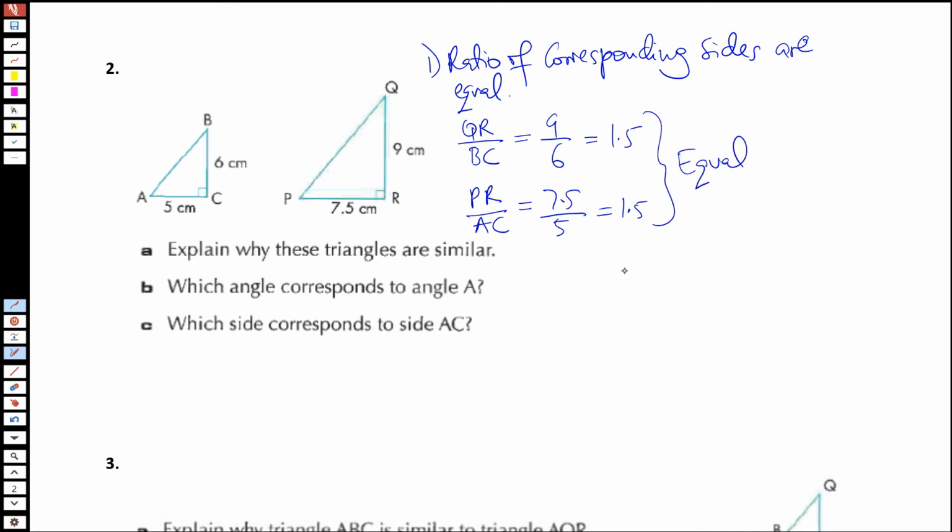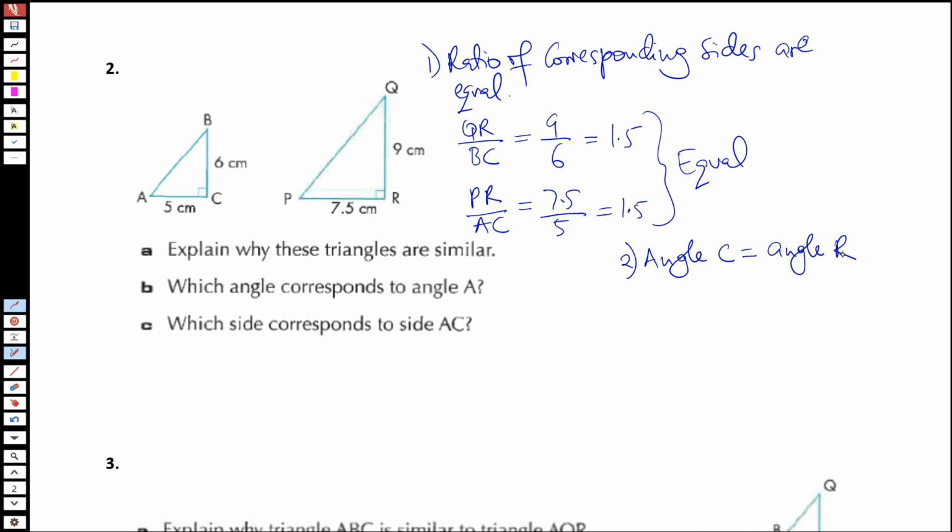So these two triangles are similar, and you can just add one more statement, number 2, and say that two corresponding angles are equal, and because two corresponding angles are equal and the other sides are in the same ratio, then it will imply that the two triangles are similar. So we can say that angle C is equal to angle R.